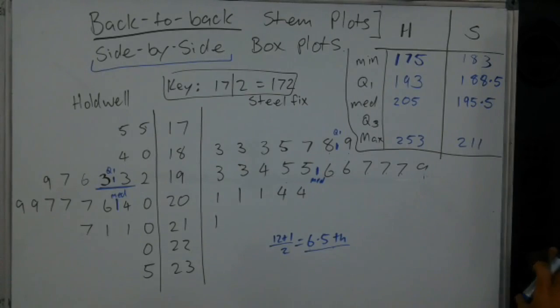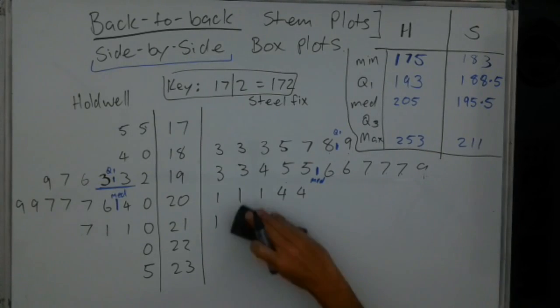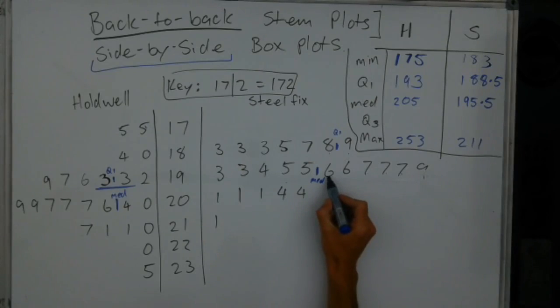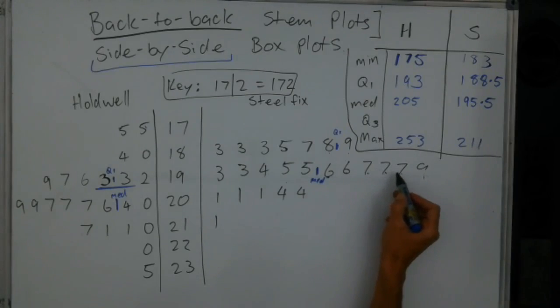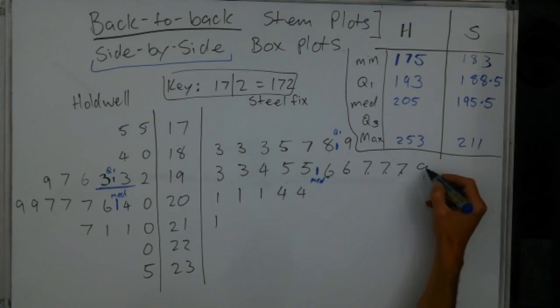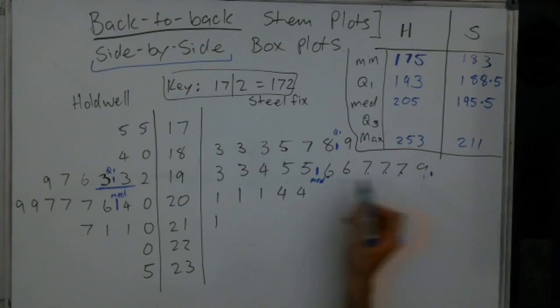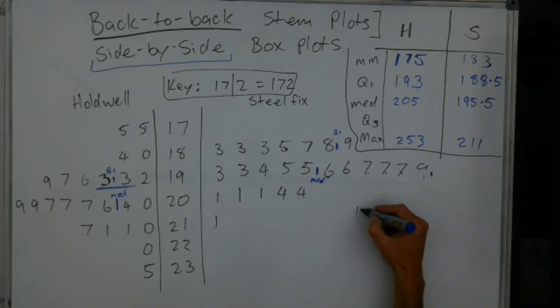And then our upper quartile is the same again, except we're counting 6 from the top half. 1, 2, 3, 4, 5, 6. So it's between 199 and 201.